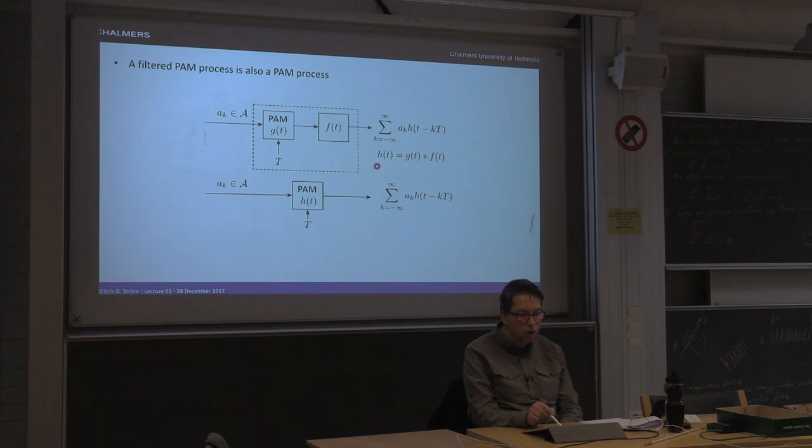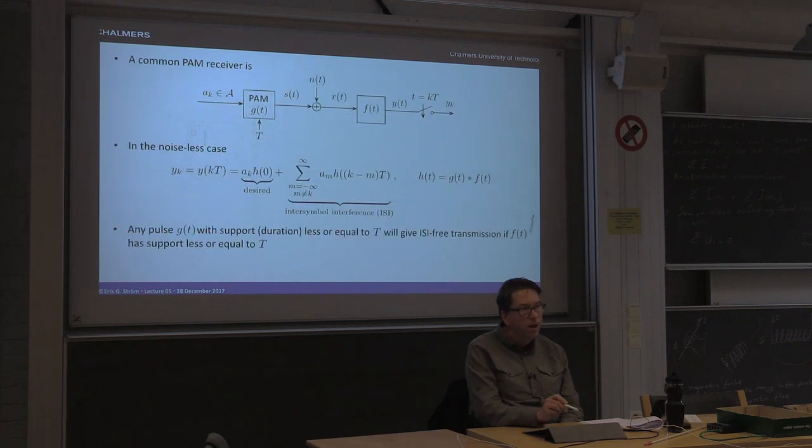This pulse h is the convolution of the basic pulse g of the first PAM with the impulse response f. It's not difficult to prove this. So whatever is in this rectangle can be illustrated with the new PAM process with the same input, but the only change is that we have changed the basic pulse from g to h. The pulse rate, or the time between pulses, remains the same. This will be useful a little bit later, as we will see.